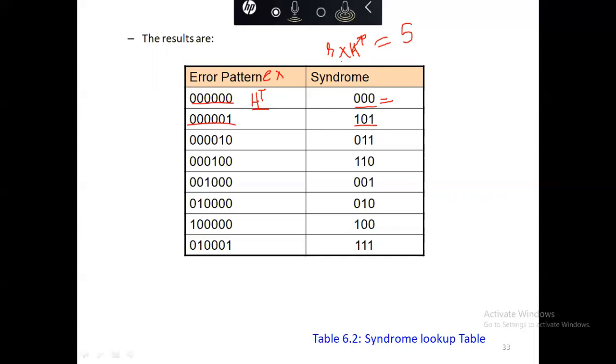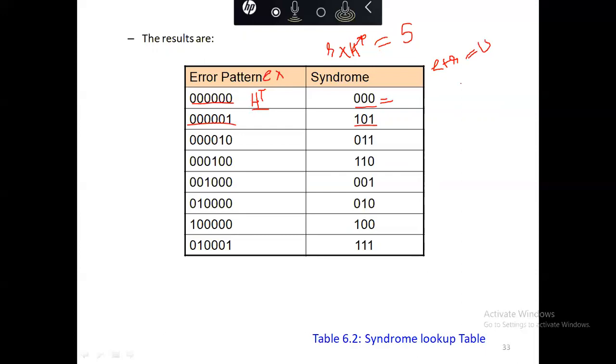So when you calculate the syndrome, you find the error pattern from the syndrome value, then you add the error pattern and the received vector, or exclusive-or it, and you will get the correct code word.